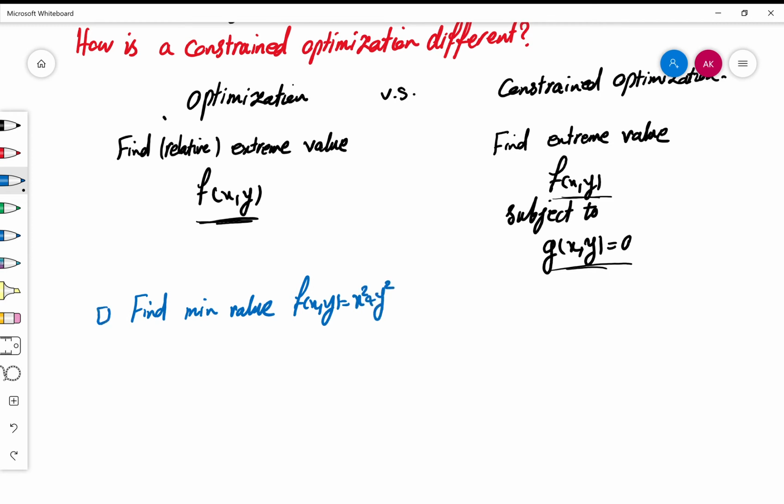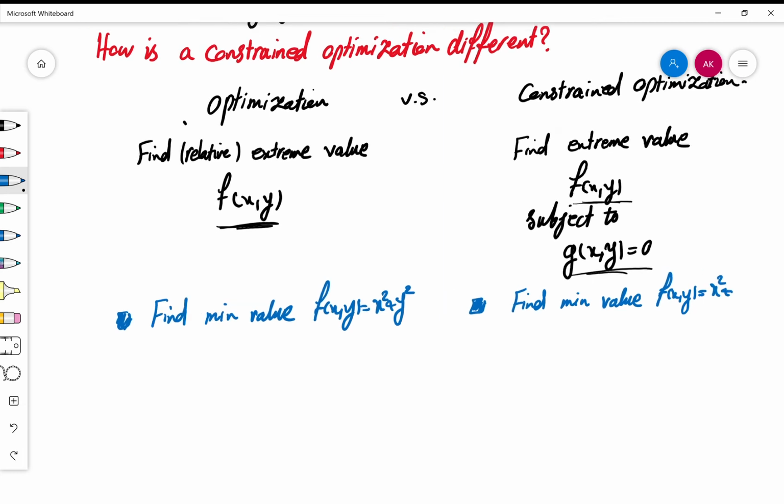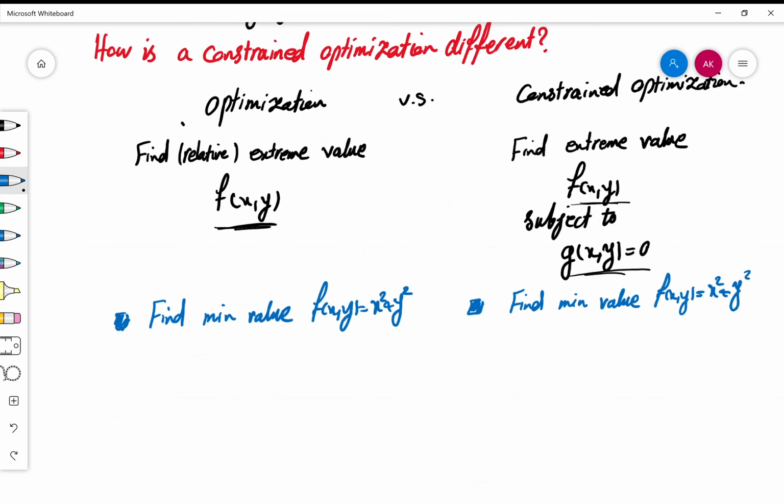But on the other side, you can say, I'm interested in finding the minimum value of the same function, but constrained to something, subject to, let's say just the condition we had before, x plus y minus 1 equal to 0.